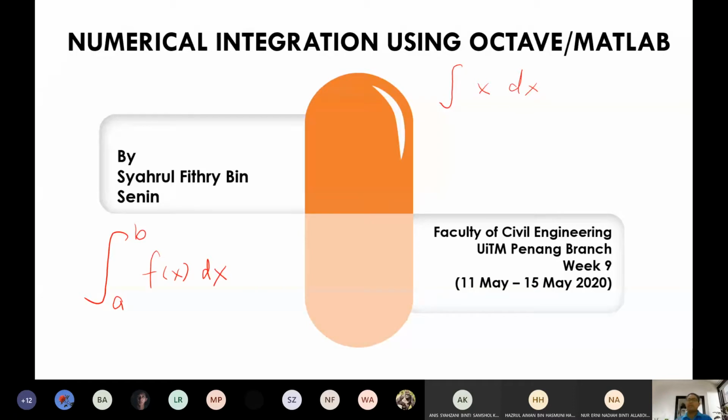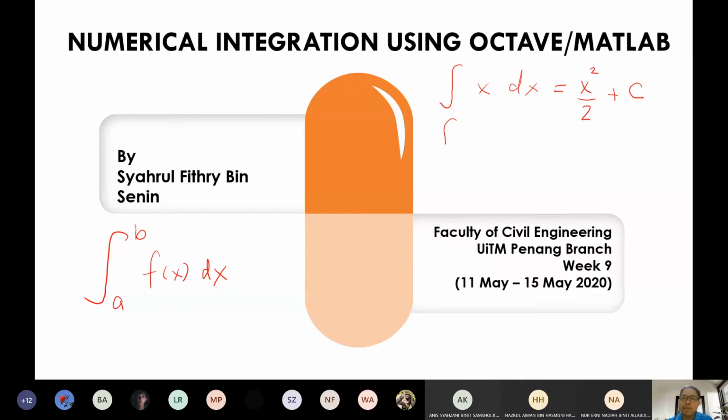Okay, sorry for the interruption. So we continue back to this example, where you want to find the integration of x dx. You will use the formula that you studied before, which is x to the power of 2 over 2, plus a certain integration constant c.